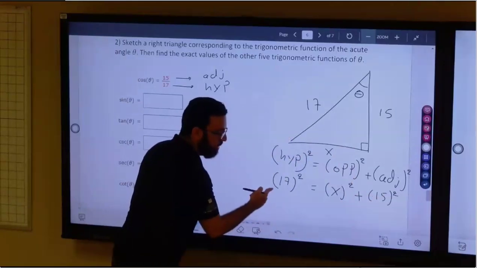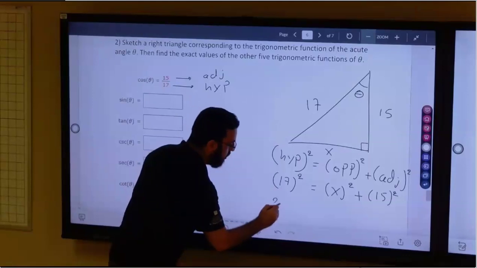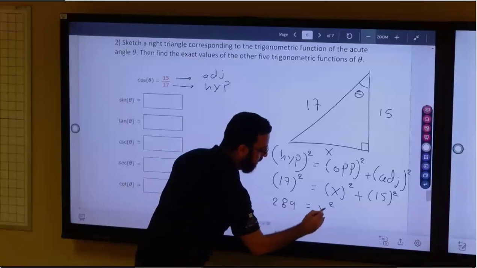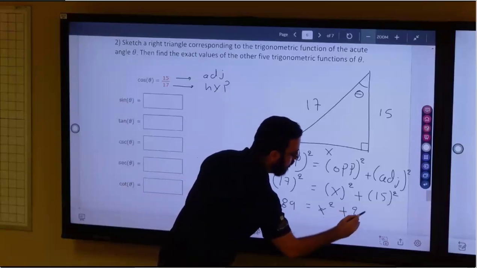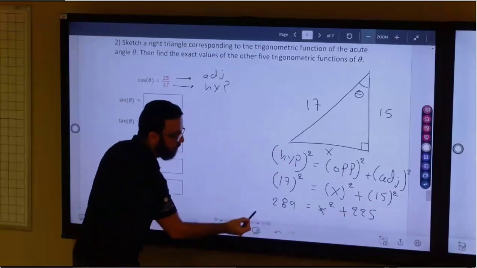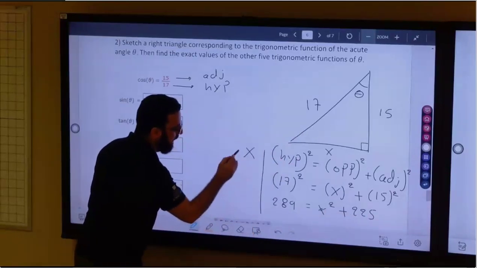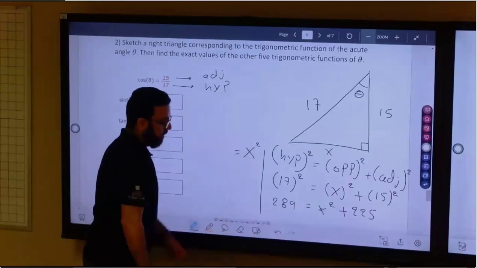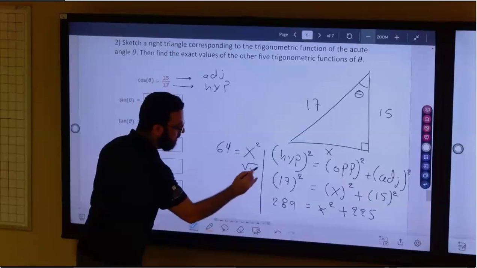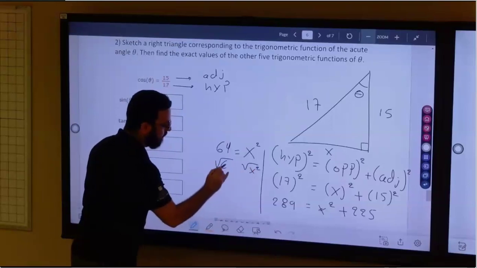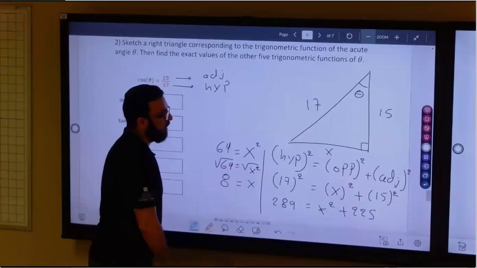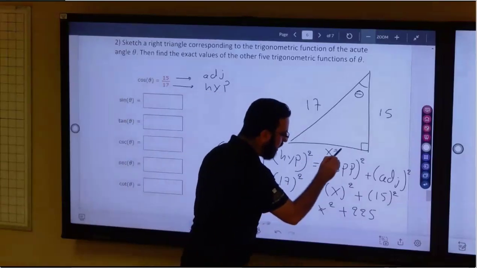How much is 17 squared? 289. So 289 equals X squared plus 225. Minus 225 from both sides. How much is X squared? 64. Take the square root from both sides, so X is equal to 8.